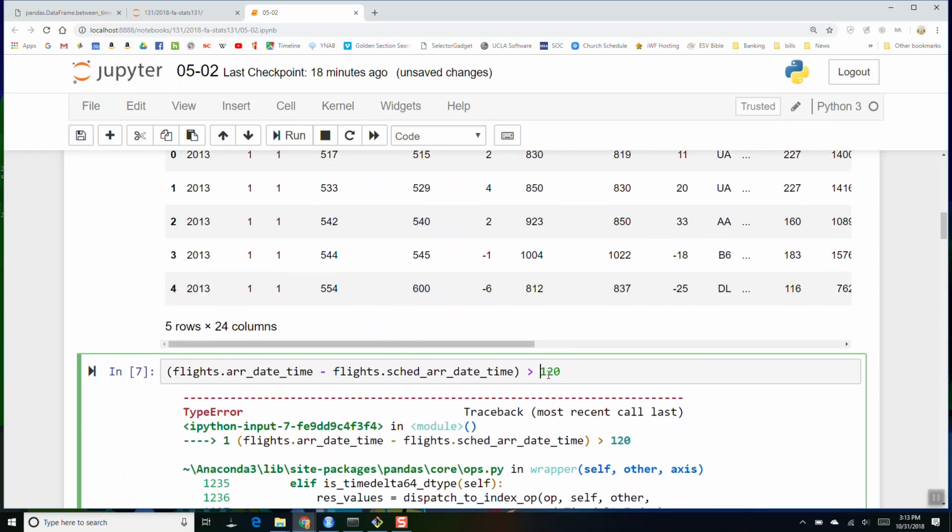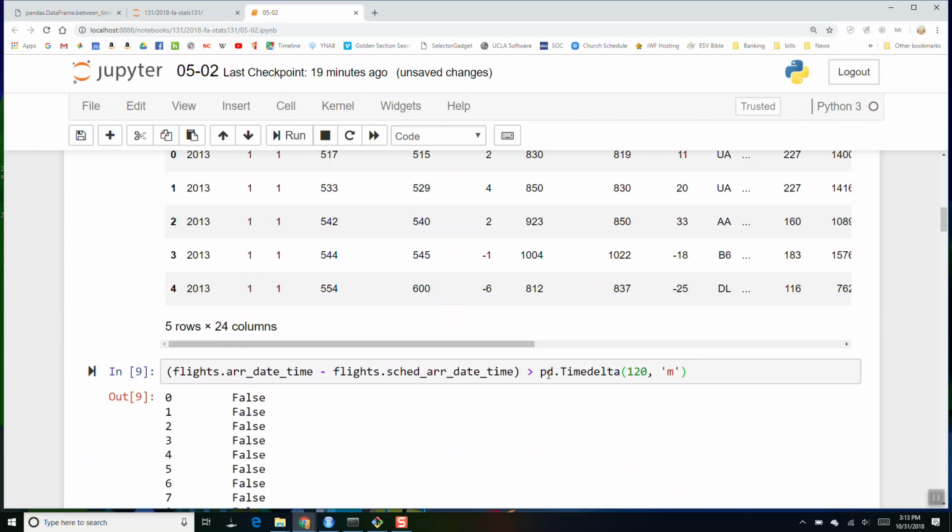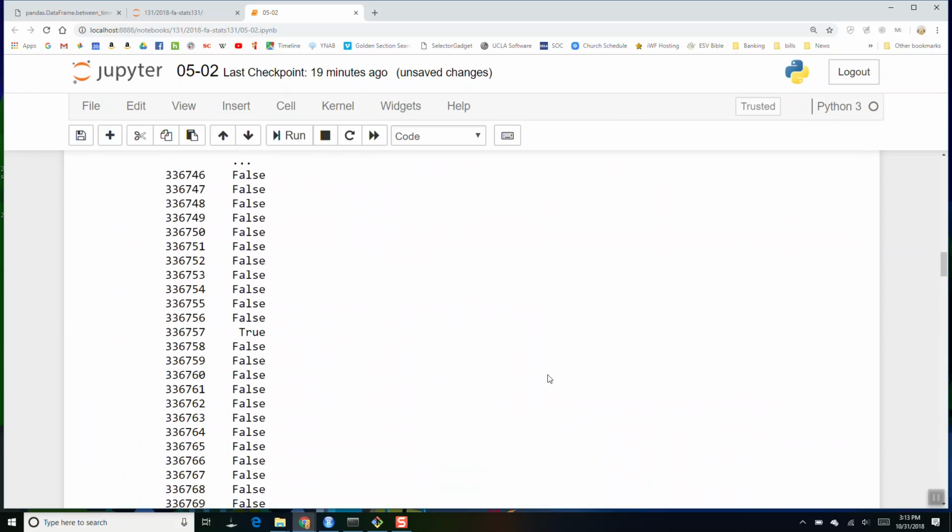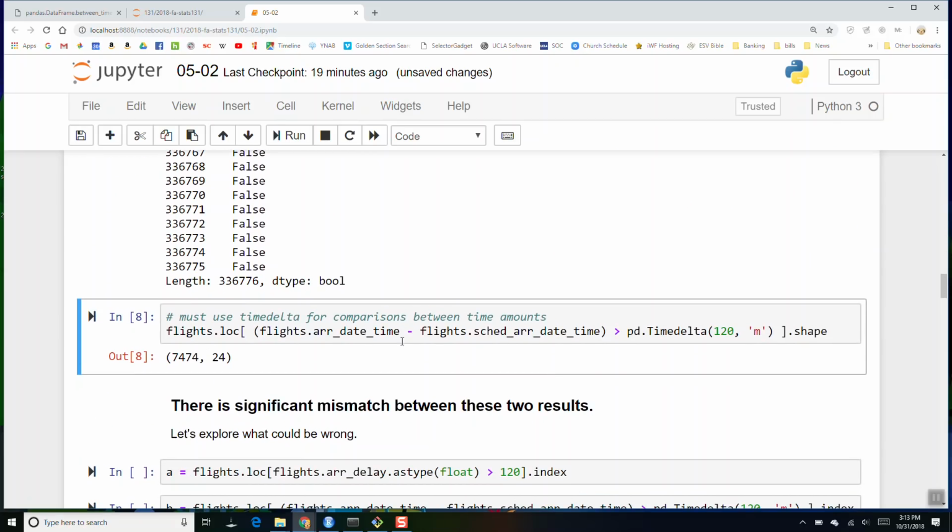So you do pandas dot Timedelta 120 minutes, and then now we have a true false Boolean vector, and I can feed that into flights dot loc to filter down the rows that have this as true, and then I ask for the shape.